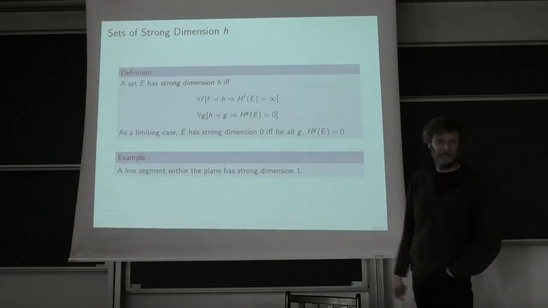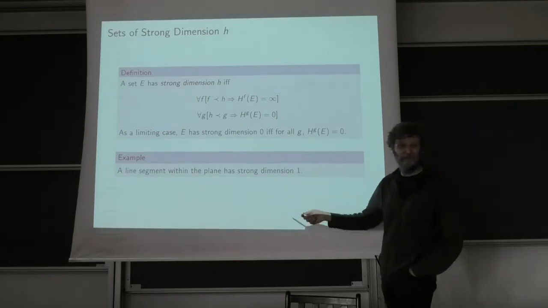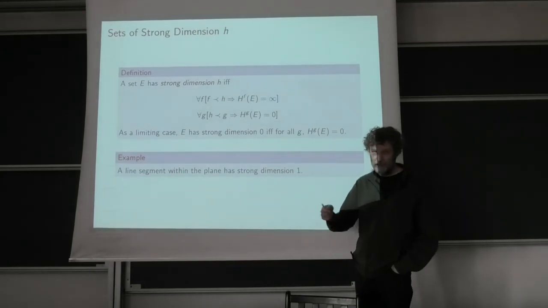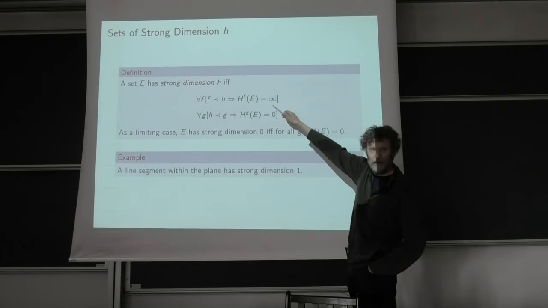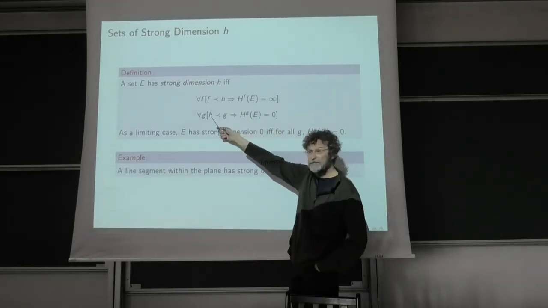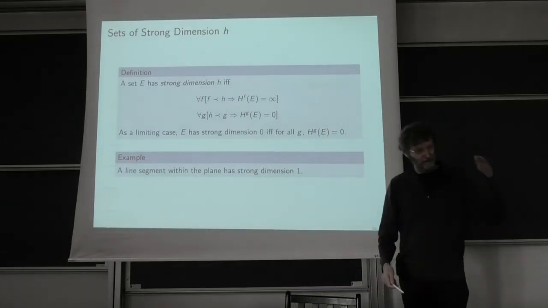Examples: a line segment. A line segment in the plane has strong dimension 1. Which means, you look at the gauge function t goes to t. That gauge function has this property. Put that function, t goes to the identity function, in for h, and this property holds of the line segment. So there are instances.